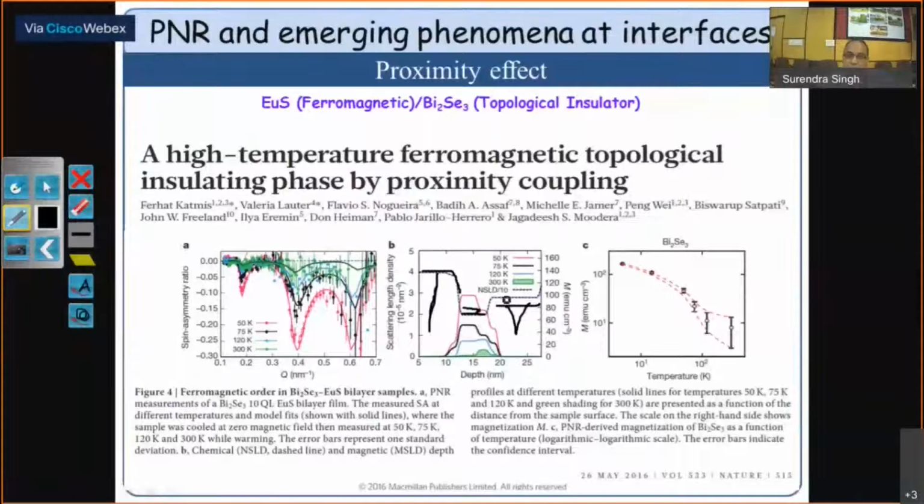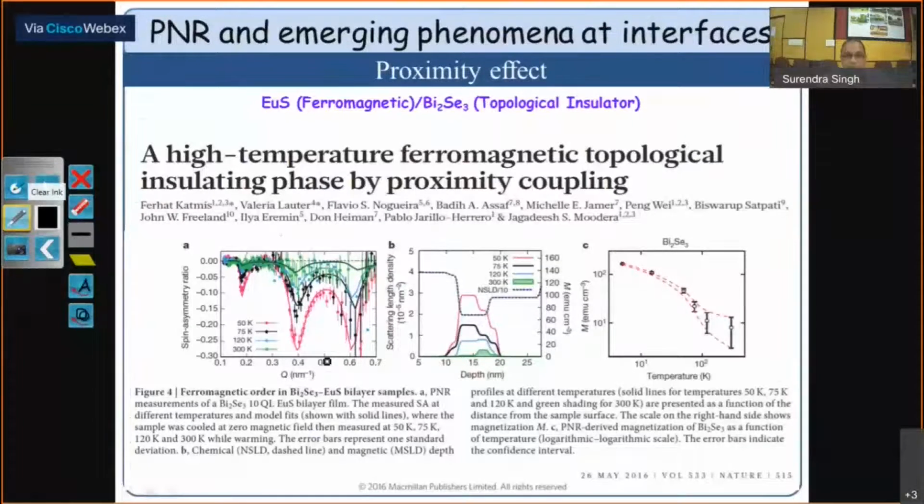So at the interface region, they found there is a net ferromagnetism which is there up to 120K. This is coming because of the proximity effect of a ferromagnet and topological insulator. As I said, this kind of depth profiling is possible only because of neutron reflectivity, and this is one of the studies where people have used PNR.